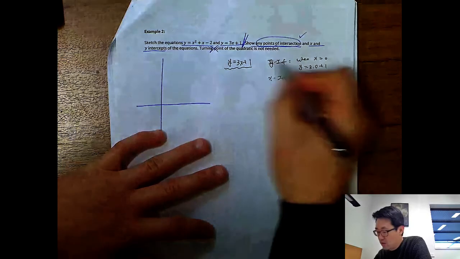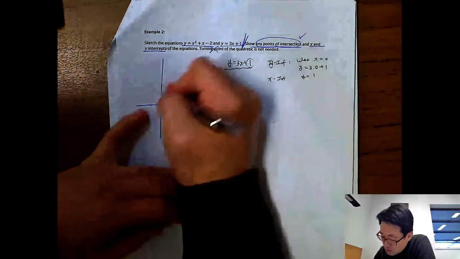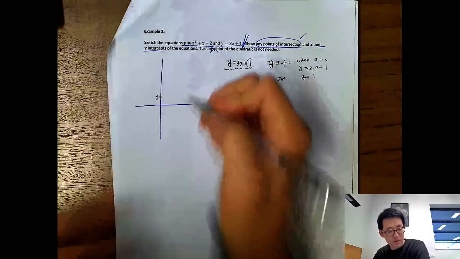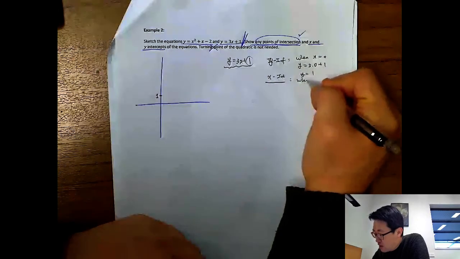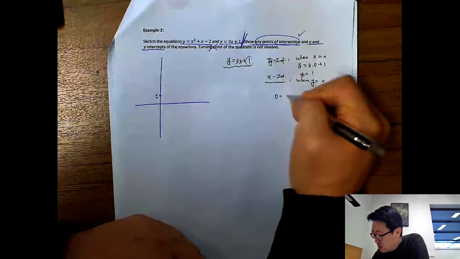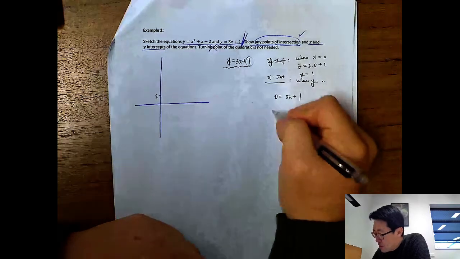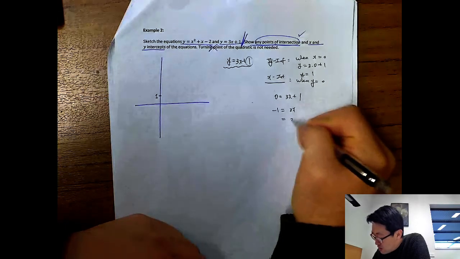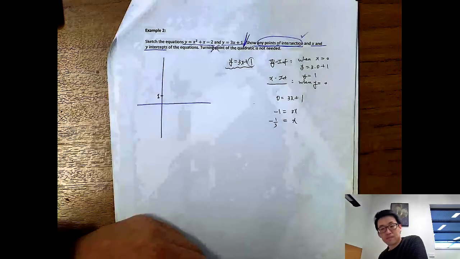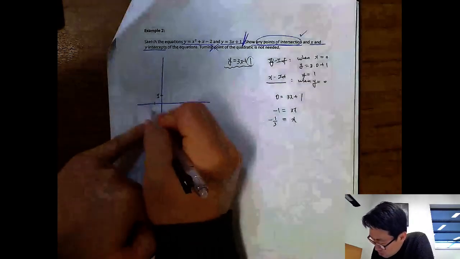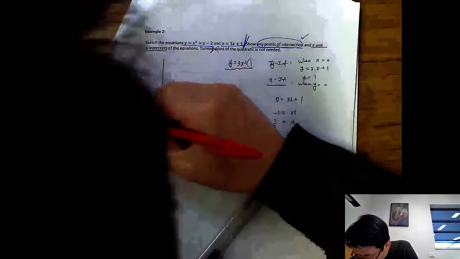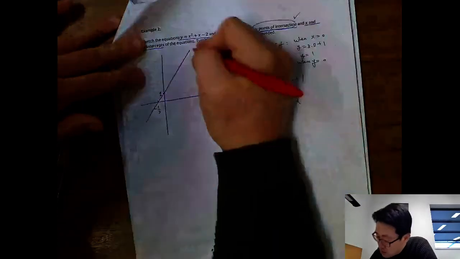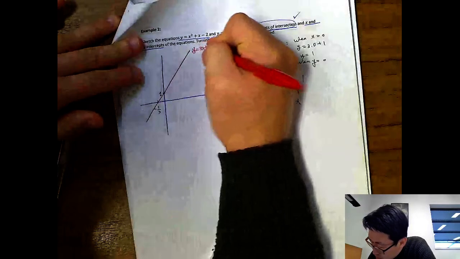And the x-intercept is when y equals 0: 0 equals 3x plus 1, minus 1, 3x equals minus 1, x equals minus 1 over 3. And then we link the straight line here.